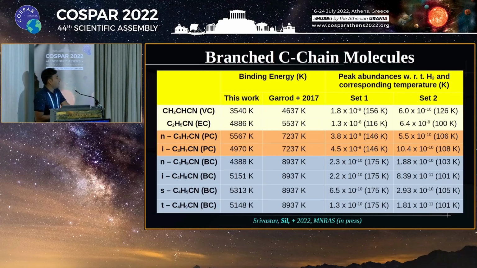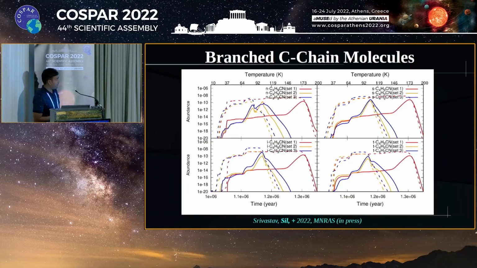So it dissolves faster than the previous value. If you see this plot, the red is for set 1, yellow is set 2, and blue is set 3. So with our binding energy, the species dissolve faster than with the previous set of binding energy.